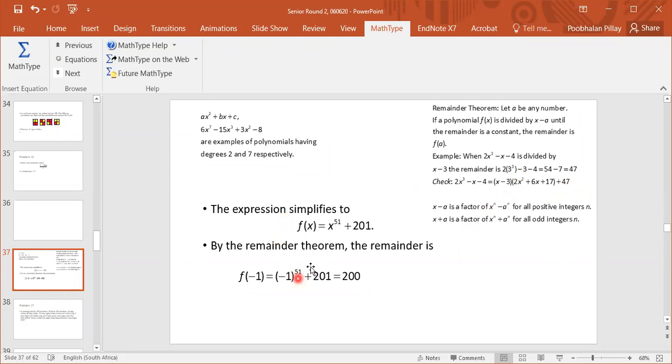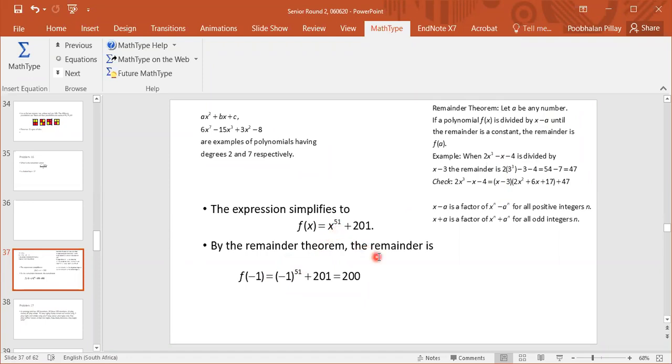So bearing that in mind, you've got x to the power of 51, and you're dividing this by x plus 1. Then a is -1. You have to put -1 into this.